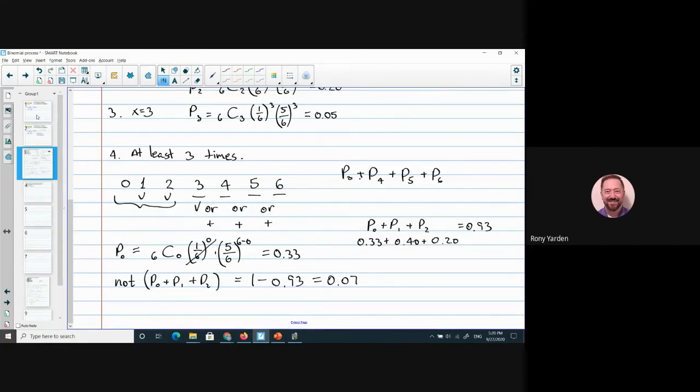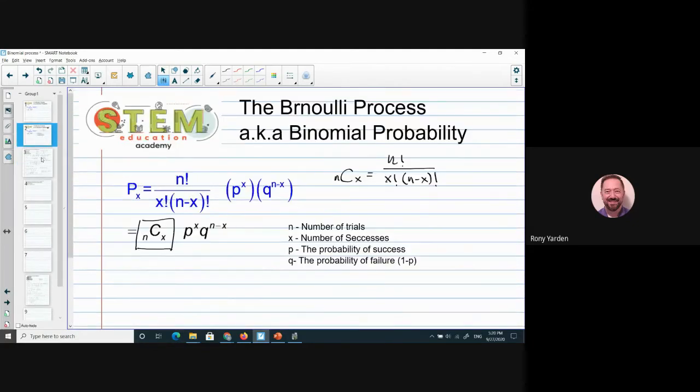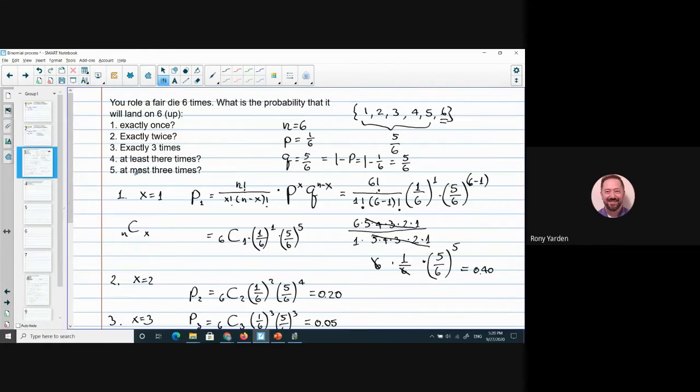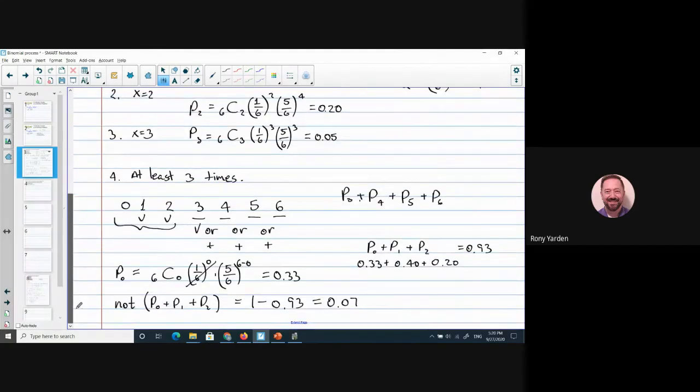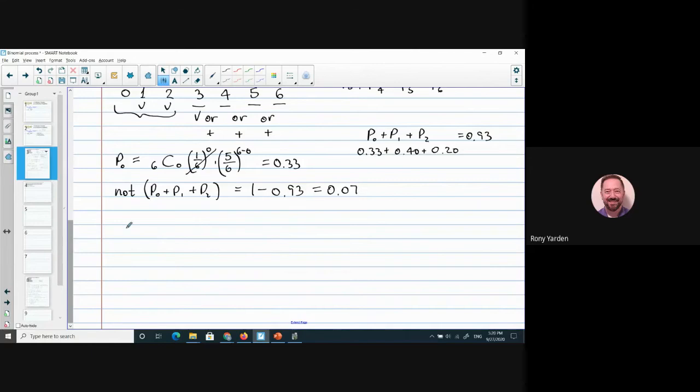And the last question is, what is the probability that it will show 6 at most 3 times?